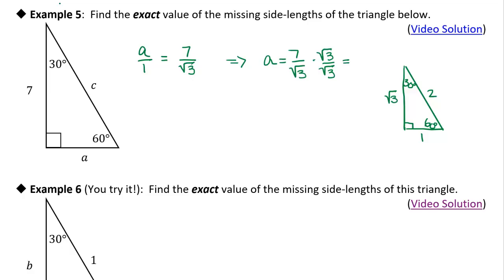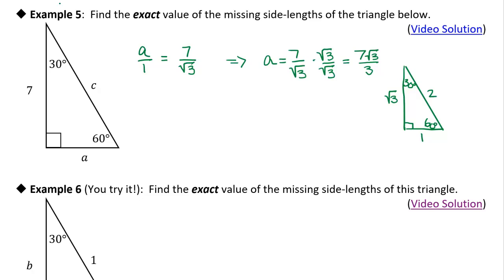I get 7 times the square root of 3 on top. The square root of 3 times the square root of 3 is the square root of 3 squared, so we have a 3 on the bottom. It's an equivalent fraction with a rational denominator.